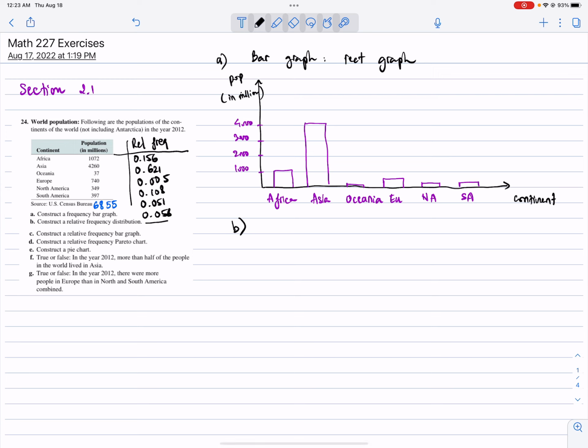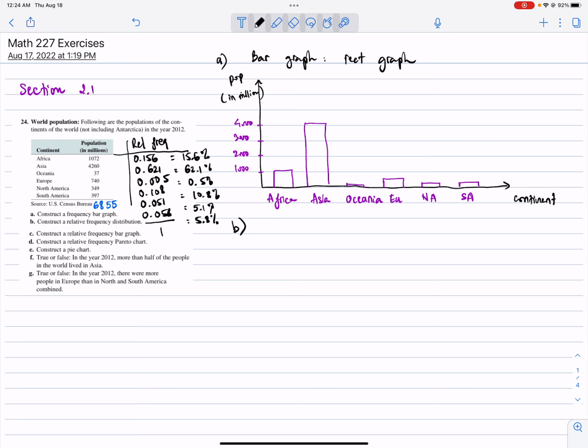So that's it. And you notice that if you add all these numbers together, you should get 1. 1 means the whole. You can think of this as a percent, and you can convert this to percent, which is 15.6%, 62.1%, 0.5%, 10.8%, 5.1%, and the last one is 5.8%.